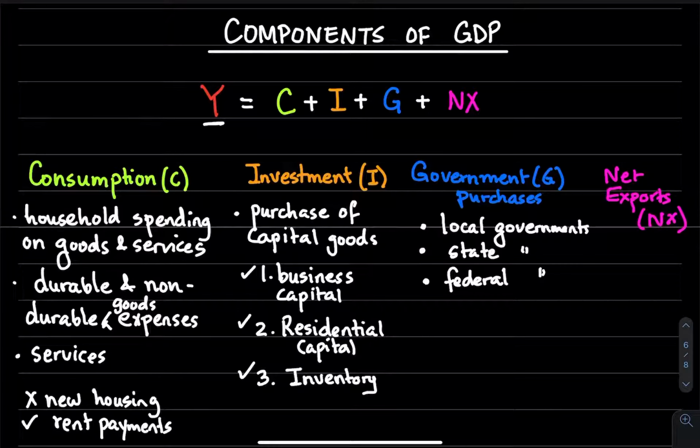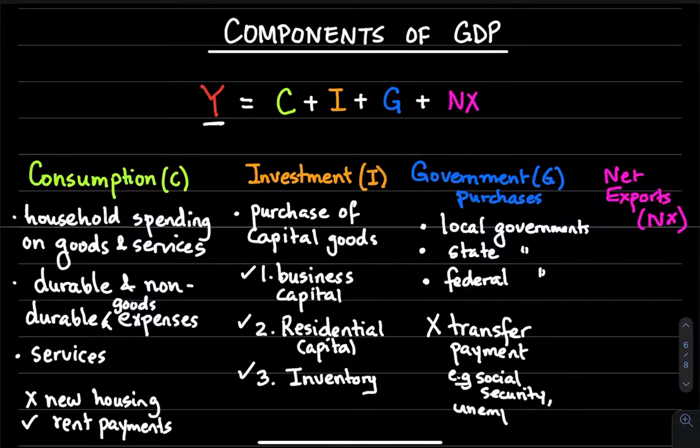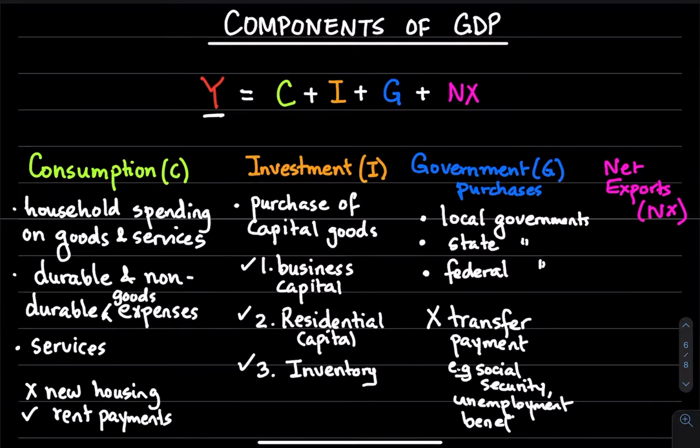The thing to remember here is that we are not going to count any type of transfer payments. Transfer payments are things like, examples are Social Security payments or unemployment benefits to a person who is laid off. We will not be counting these in GDP because these payments, once you receive those, are again going to be spent on goods and services by households.